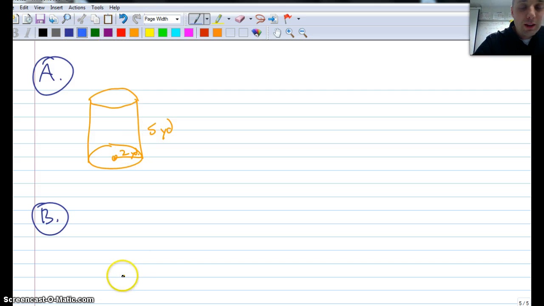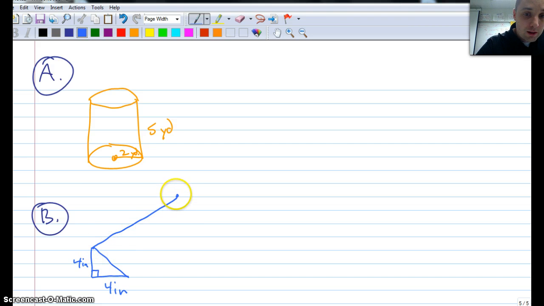For letter B, I'm going to have you make a triangular prism. We're going to do an isosceles triangular prism. So we're going to have this side be 4 inches, this side be 4 inches. It's going to go back.